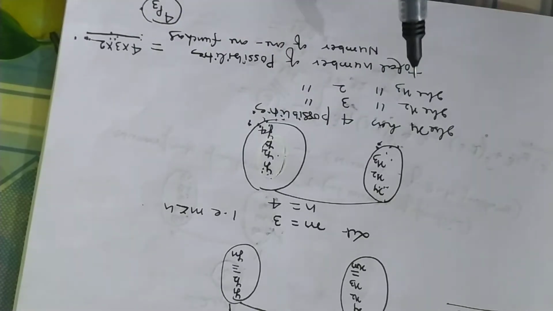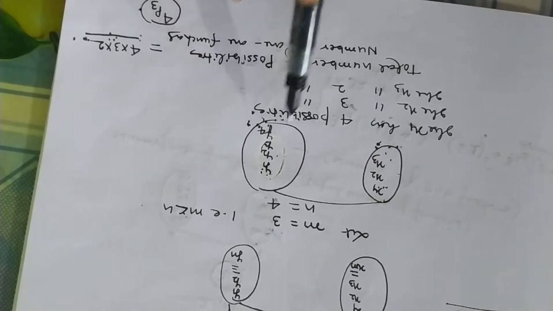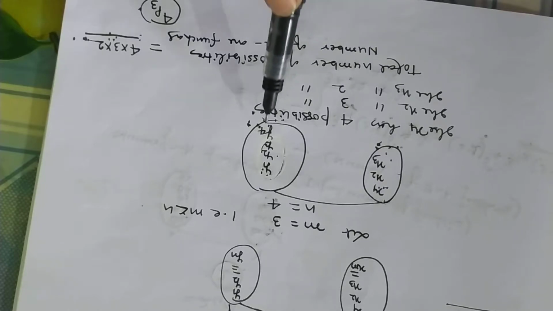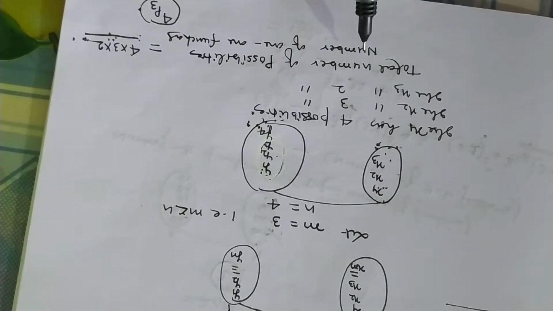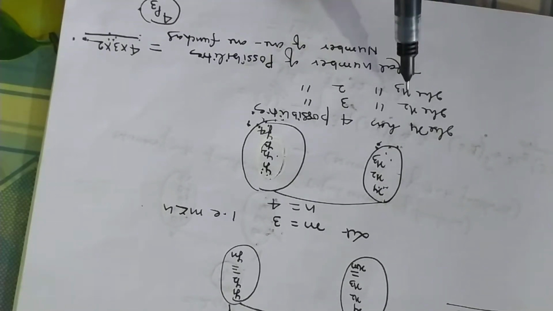So X1 has 4 possibilities, X2 has 3 possibilities, and X3 has 2 possibilities. X1, X2, X3. So what do you observe?